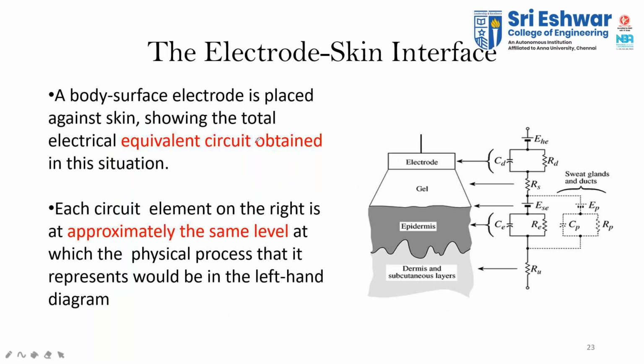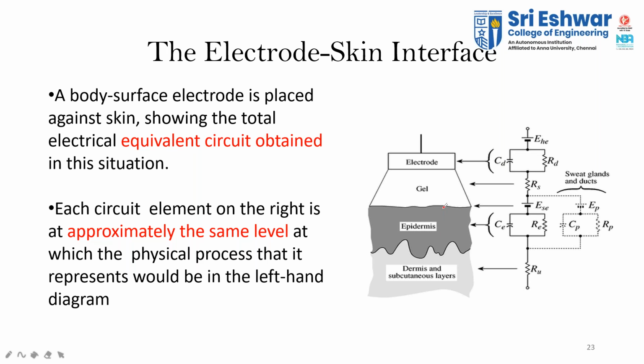Next comes the electrode-skin interface like electronic circuits. Your placement of electrode and skin will act like an electronic circuit. The electrode is a combination of resistor and capacitor. The equivalent circuit of the electrode is a capacitor and resistor connected in parallel, and the gel acts like a series resistor.